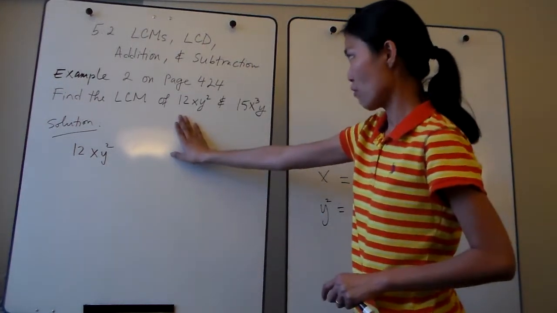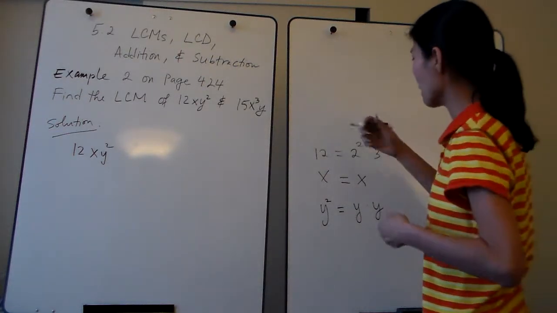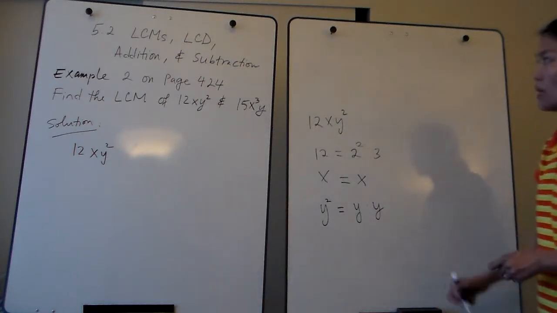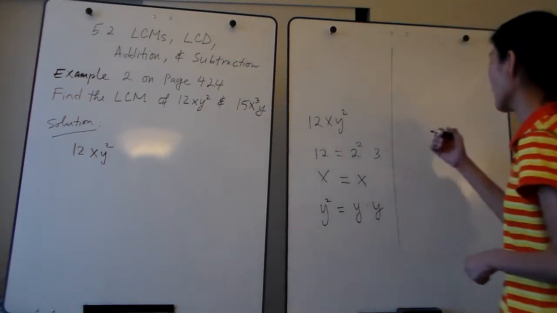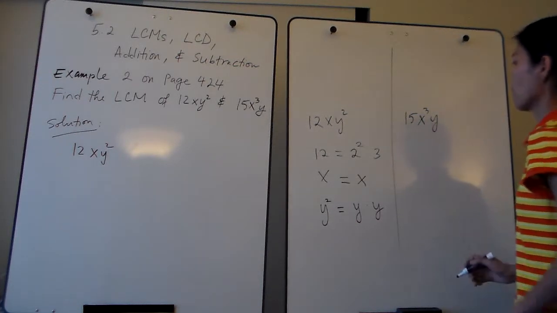So what we got so far is the factors of 12xy squared. We need to find the factors of 15x to the third y. So let's see, 15x to the third y.